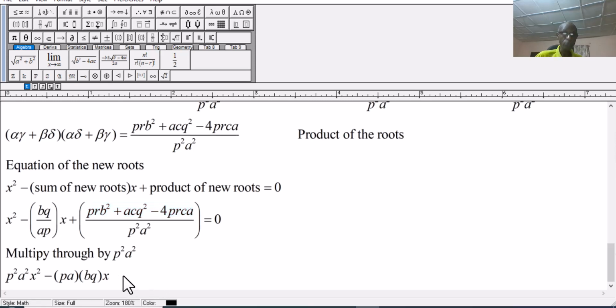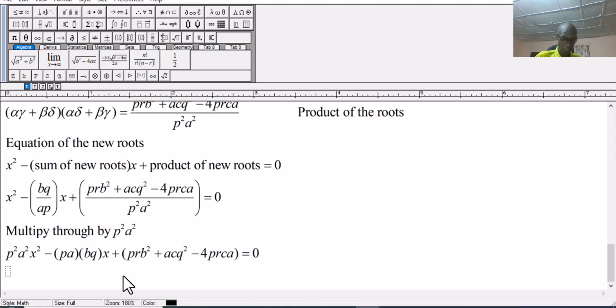Now this one will become plus that equals to 0. If you like, you can leave the equation like this. You can say pa all squared or pax all squared. You can leave it like that, but for the sake of our example, let's leave it like this: x squared, so that you know the x denominator.